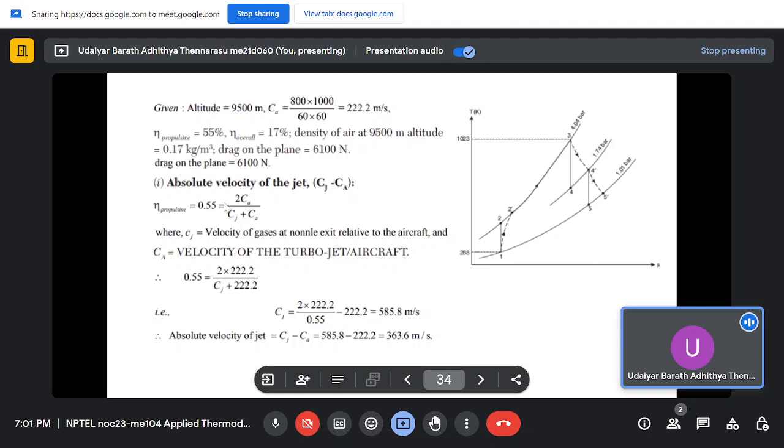Absolute velocity is jet velocity minus air velocity, which is 585.8 minus 222.2, giving 363.6 meters per second. So the absolute velocity of the jet is 363.6 meters per second.